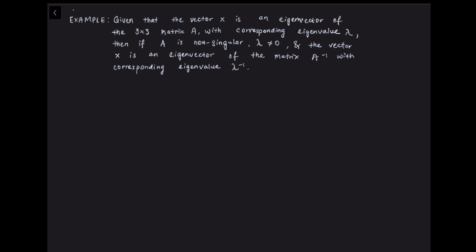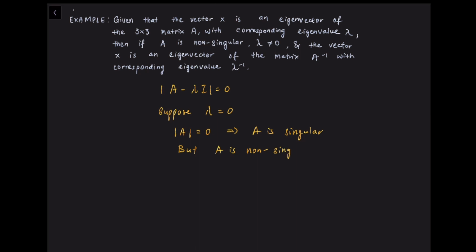Given that A is non-singular, then the modulus of A minus lambda I equals 0. Suppose lambda equals 0, then the modulus of A equals 0, which implies that A is singular. But A is non-singular. Therefore, lambda must not be 0.